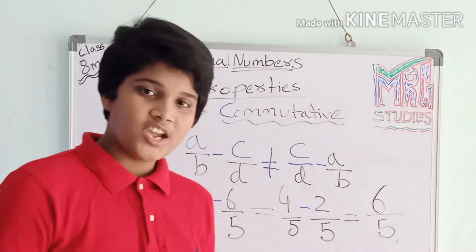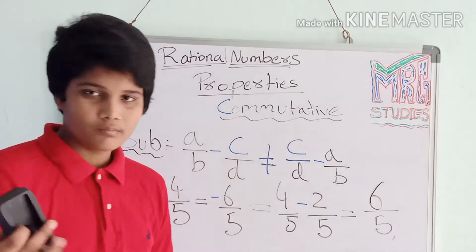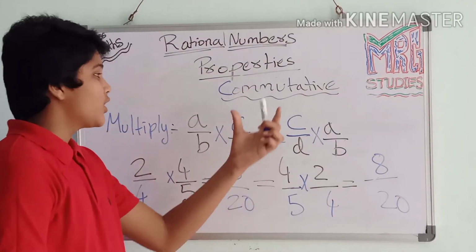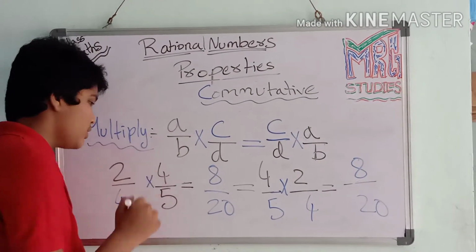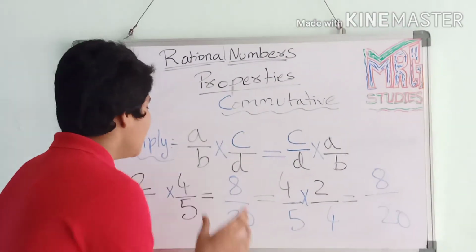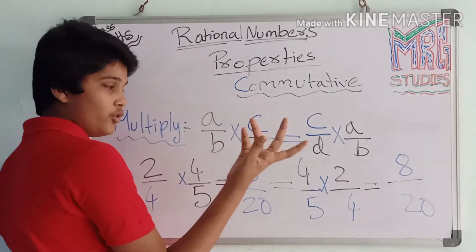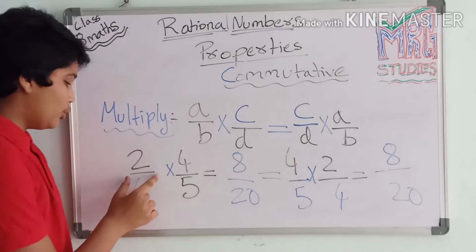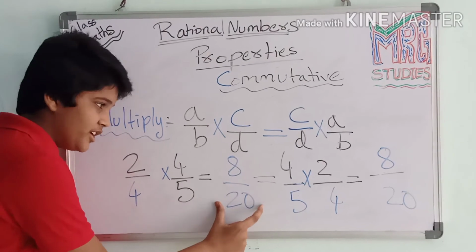Now we will check commutative multiplication. Now I am going to tell you the commutative property of multiplication. In this, see the same formula like addition and subtraction. A by B into C by D equals, means these fractions we should reverse, C by D into A by B. Now see here, for example, 2 by 4 into 4 by 5 equals 8 by 20.